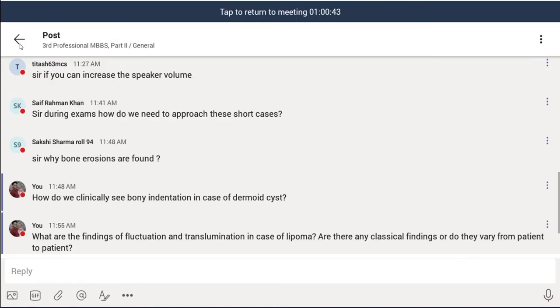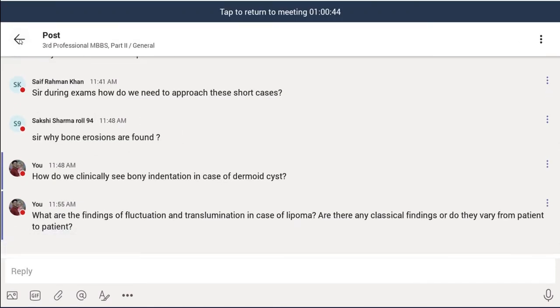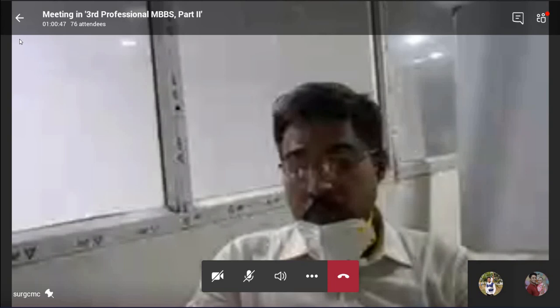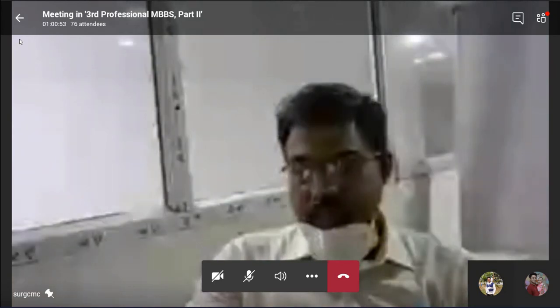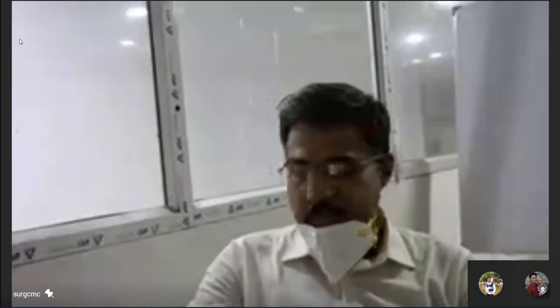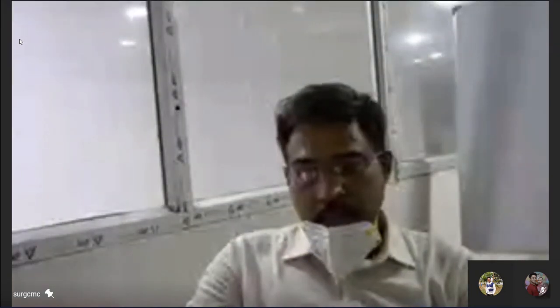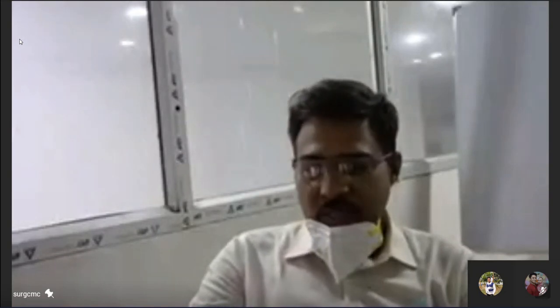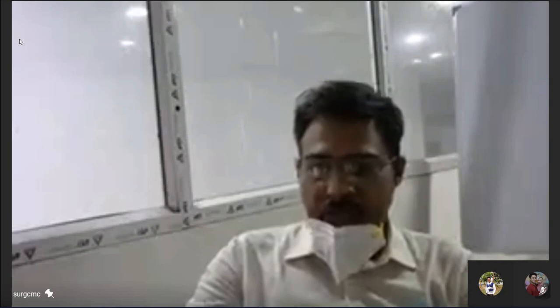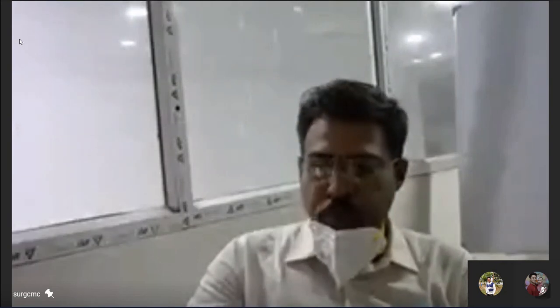Now, what are the common presentations of basal cell carcinoma? Sometimes basal cell carcinoma may present just as an elevation over the skin with certain depigmentation and vascularity seen just underneath the skin. But sometimes it may also present with blackish discoloration with central hypopigmentation.